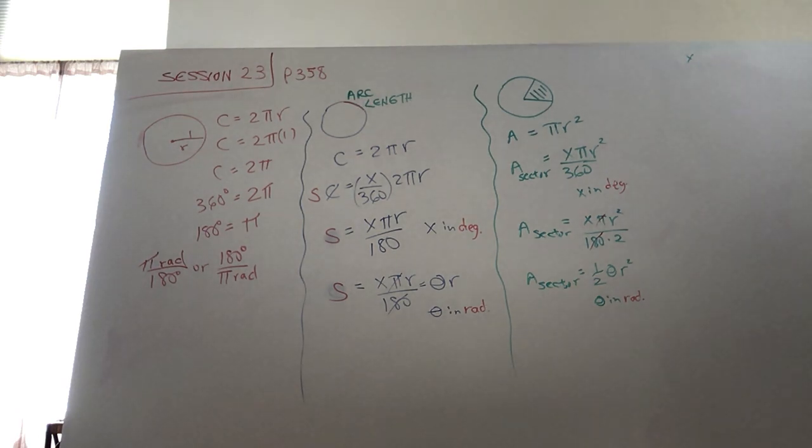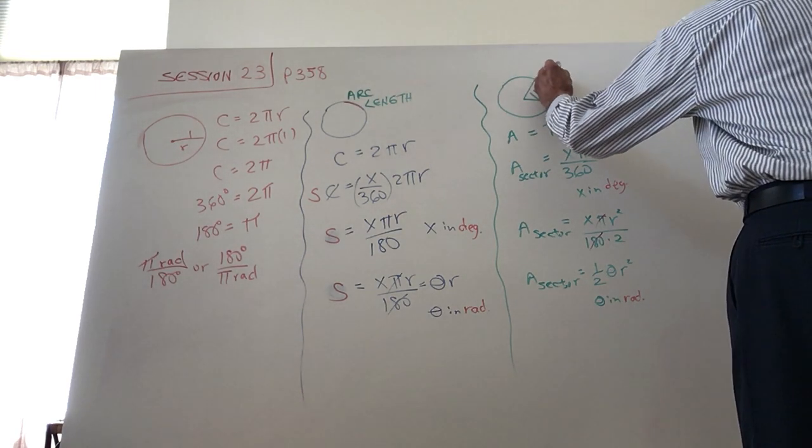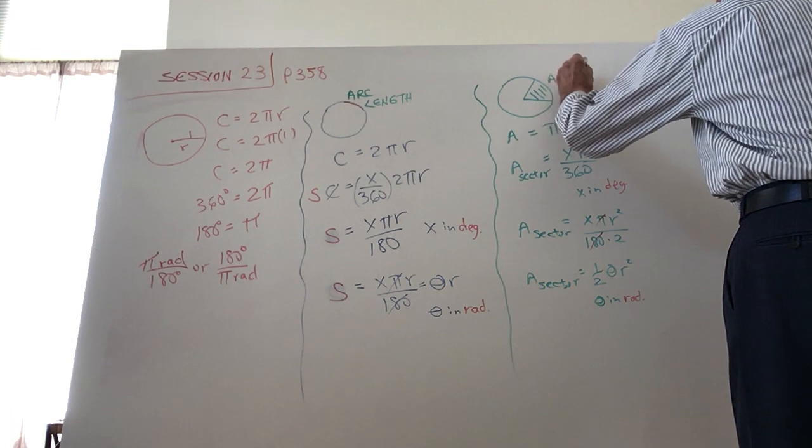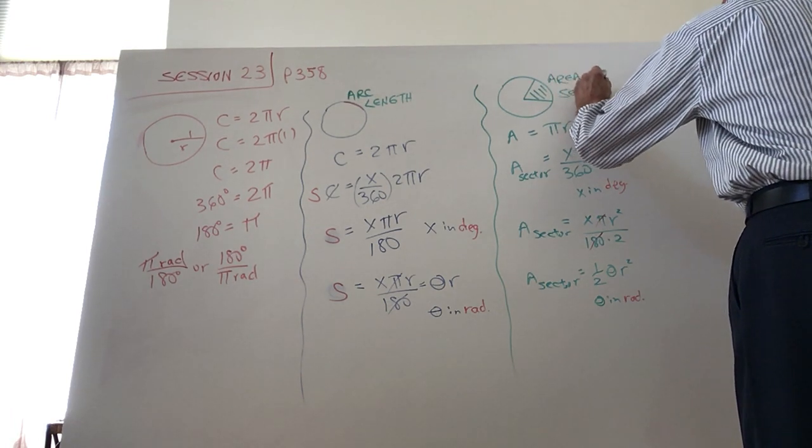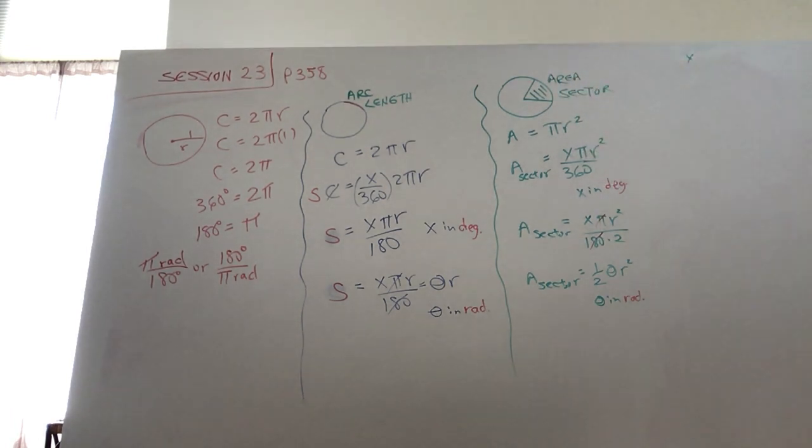We also have two other formulas, one for the area of a sector and the other for the arc length. The arc length is a portion of the curve, so it's a portion of the circumference.